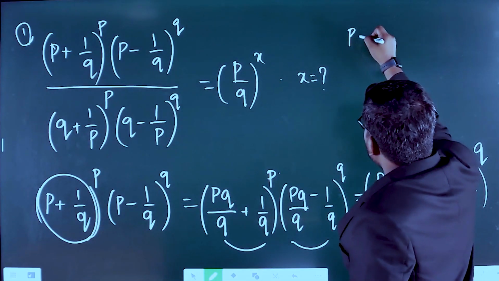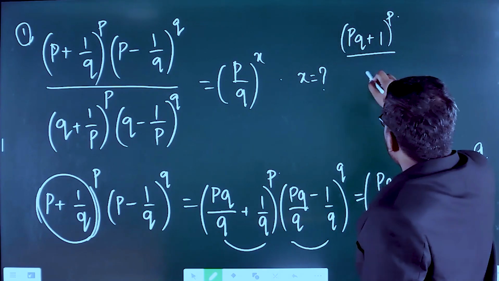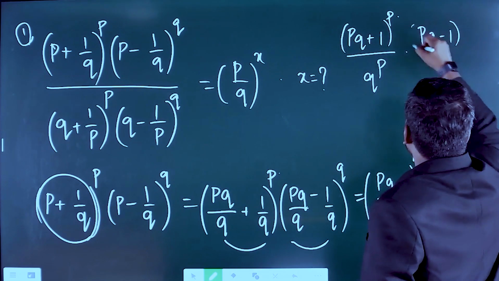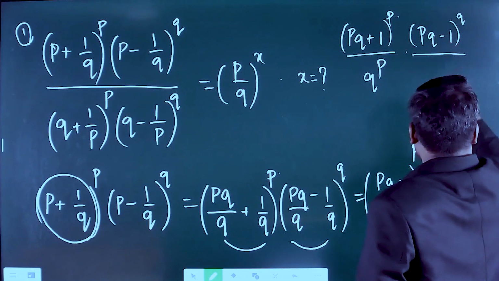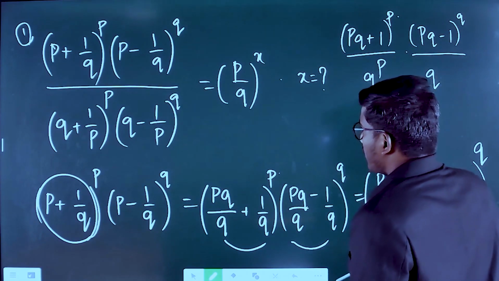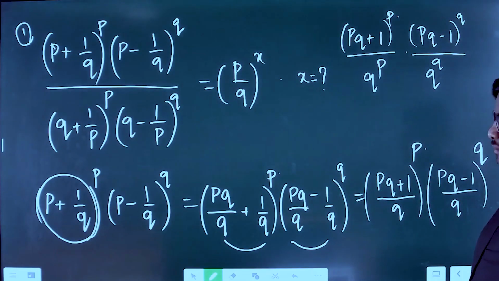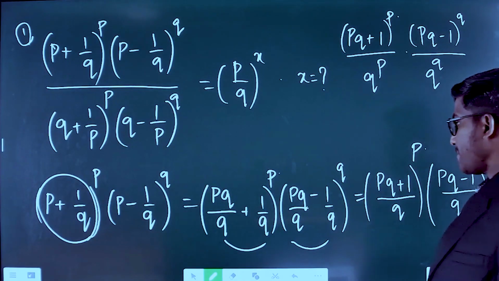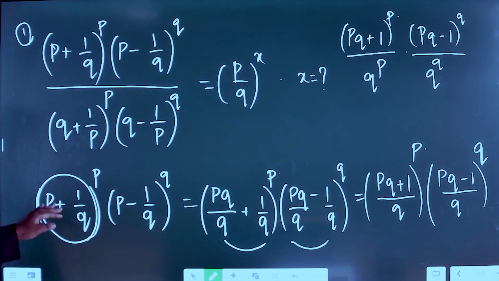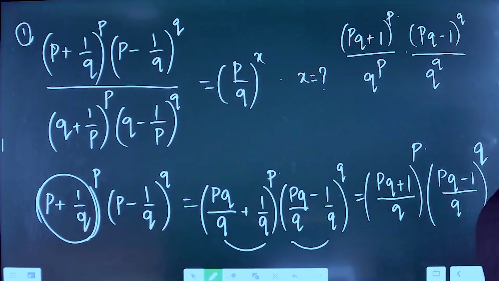So, the numerator will be PQ plus 1 whole power P by Q power P into PQ minus 1 whole power Q by Q power Q. I hope you would have noted down the first step. I'm going to erase it, note it down quickly.